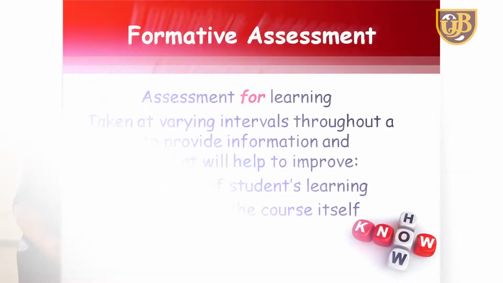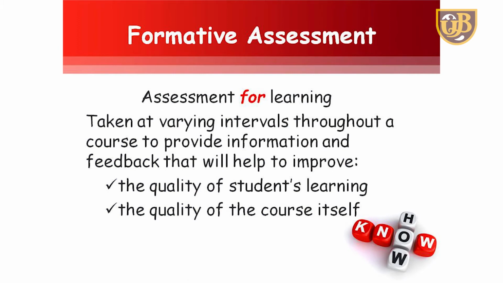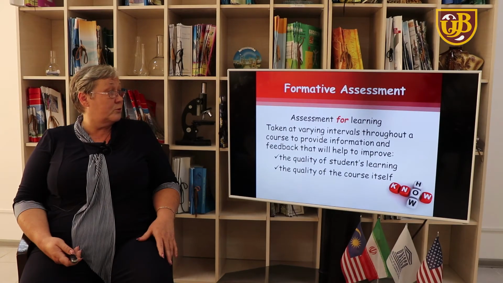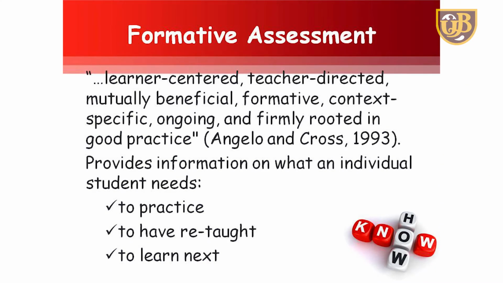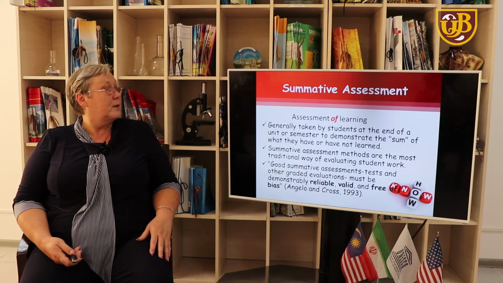Assessment for learning is taken at varying intervals throughout a course to provide information and feedback that will help to improve the quality of students' learning and the quality of the course itself. It is learner-centered, teacher-directed, mutually beneficial, formative, context-specific, ongoing and firmly rooted in good practice. It provides information on what individual students need to practice, to have retaught, and to learn next.